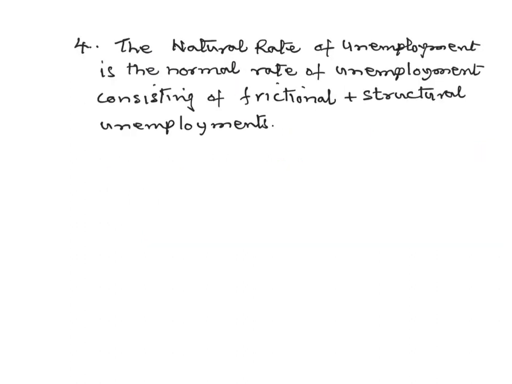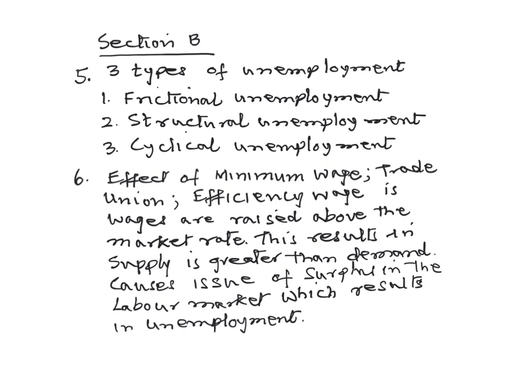The natural rate of unemployment is the normal rate of unemployment consisting of frictional unemployment plus structural unemployment. The natural rate of unemployment is considered the full employment rate of unemployment. The three main types of unemployment are frictional unemployment, which is short-term unemployment that arises from the process of matching workers with jobs.